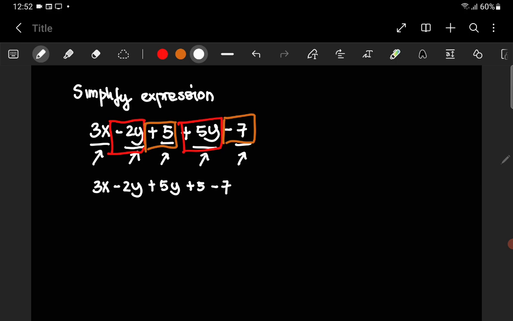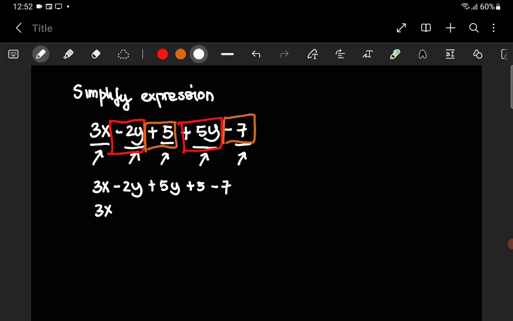And why do we collect the like terms? Because it will be easier for us to make it shorter. So in here, 3x, and then after that I have minus 2y plus 5y. Okay, we simplify it. So the 3x will be minus 2y, and then I add 5y. How to simplify that?